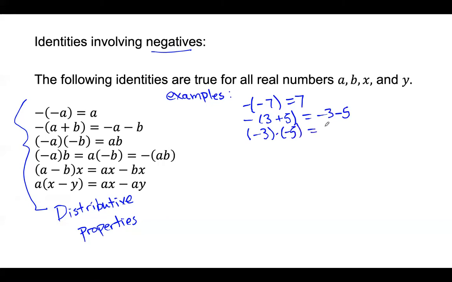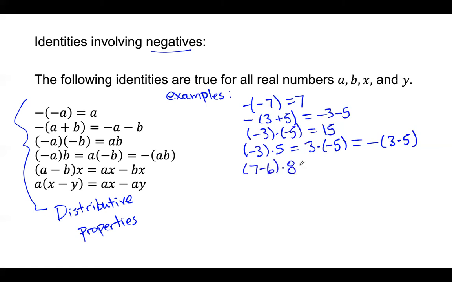We get, of course, 15, so positive. -3 times 5 is equal to 3 times -5, so they're the same, which is equal to -(3 times 5). (7 minus 6) times 8 is equal to 7 times 8, we're distributing the 8 in, minus 6 times 8.